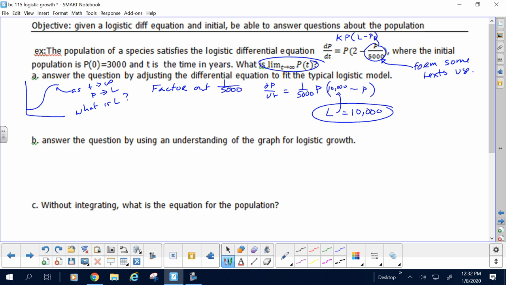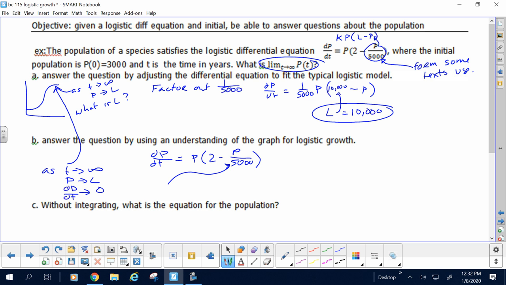Another way is by just kind of using your noggin, understanding the graph for logistic growth. We know that as time goes to infinity, yes, population approaches L, and that's true, but think growth rate. dp dt approaches 0, okay? So look at that equation that they gave us, and ask yourself, what P would make this 0?